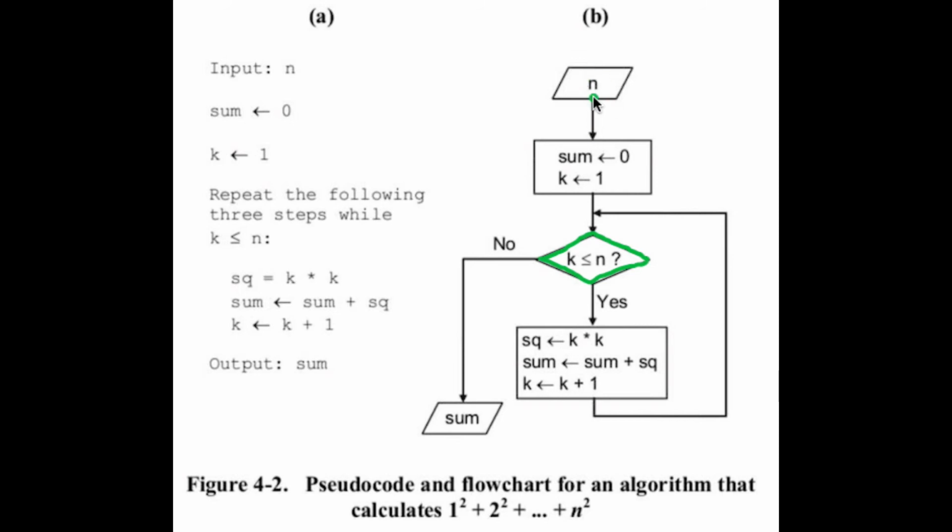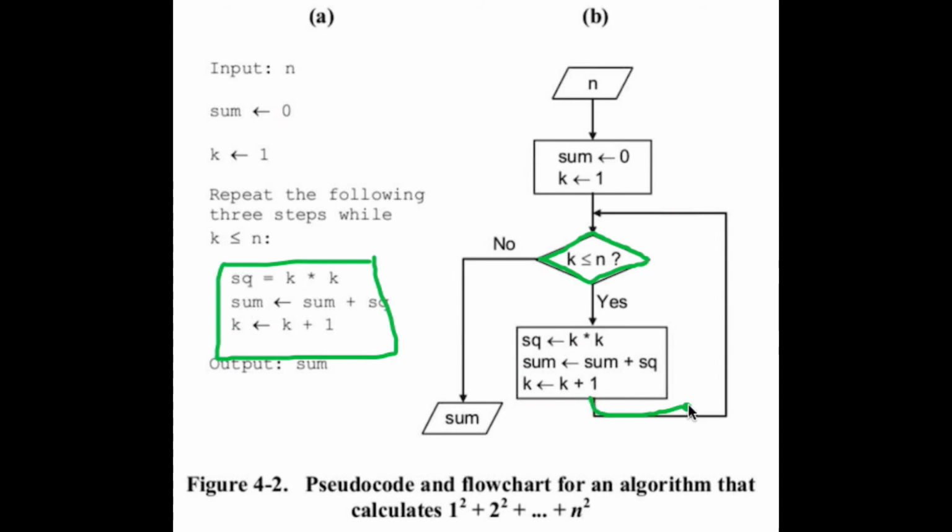So we start here, we get a value for n, we come down here, we set sum and k equal to their starting values. We come down here, we check that condition. If that condition is true, we continue down here, do these statements, which are exactly the same as the statements over here. And then we come back, here's the loop part.